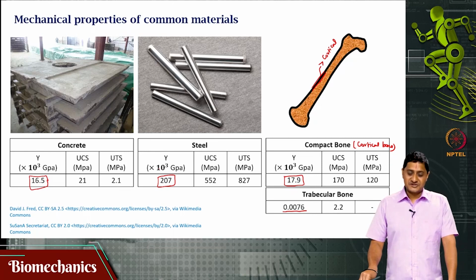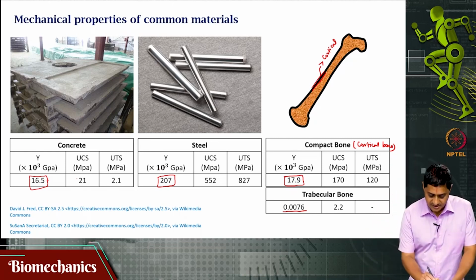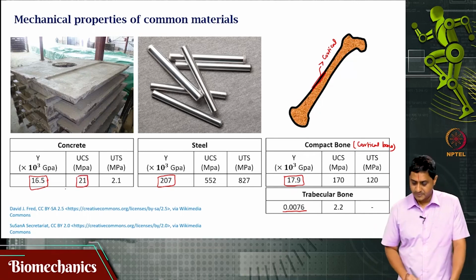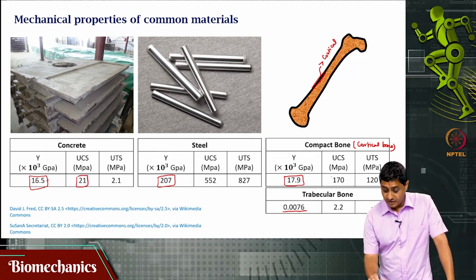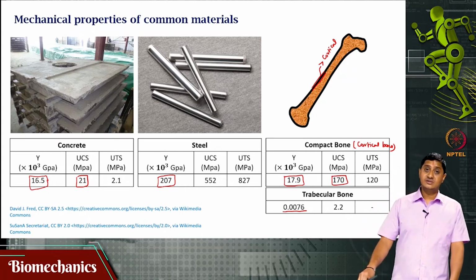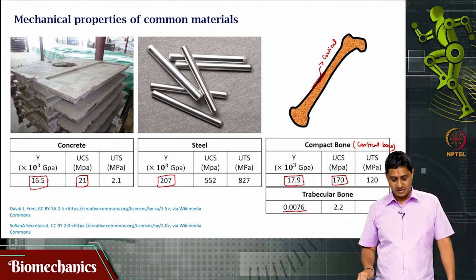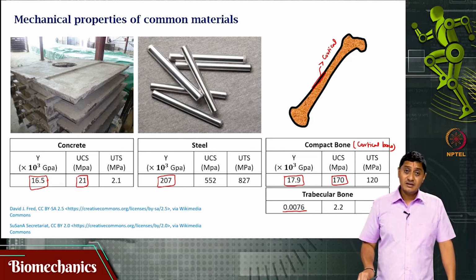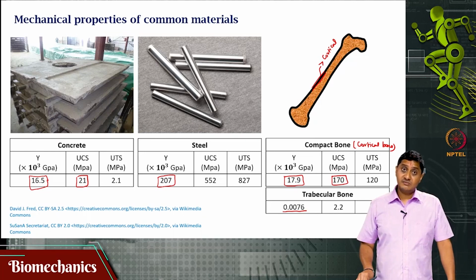And the compressive strength of concrete is about 21 units. For compact bone, it is about 117, about 8 times the compressive strength of comparable Young's modulus, but about 8 times the compressive strength.